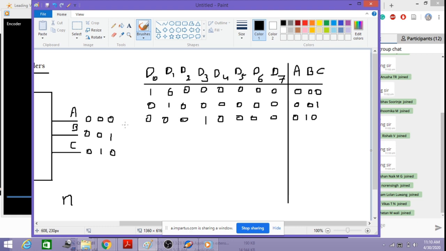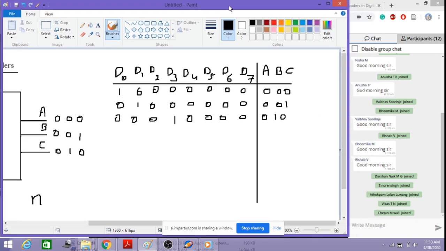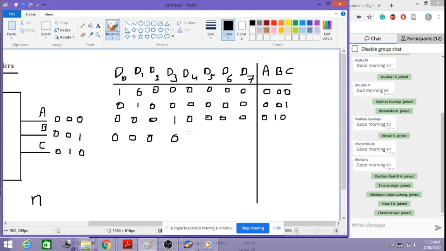If the input shifts to the next input, that is D4 becomes 1 and all other inputs are 0, then we get 0 1 1. And then if the input shifts to D5, then that becomes 1 and all other inputs are 0.